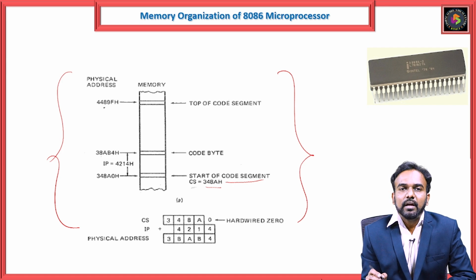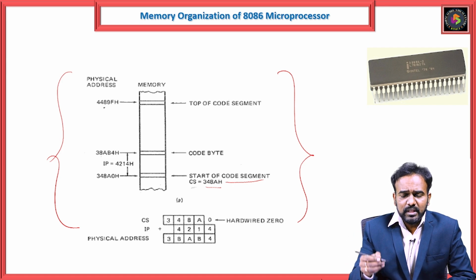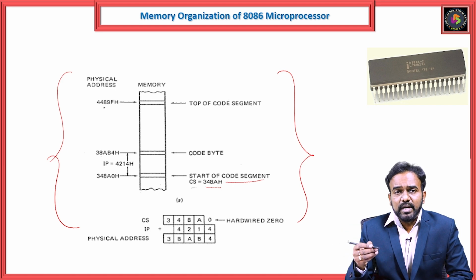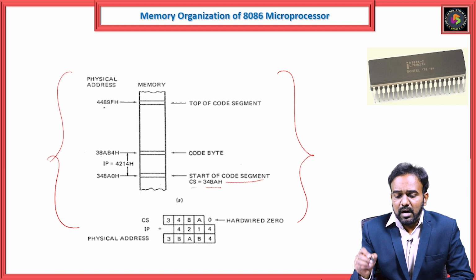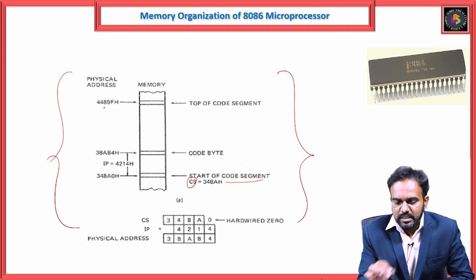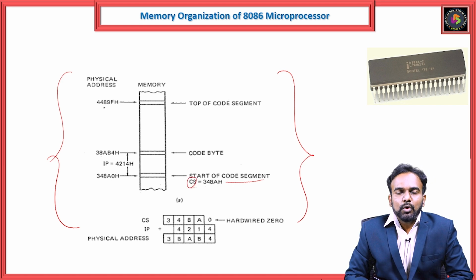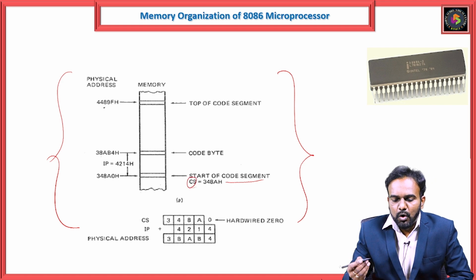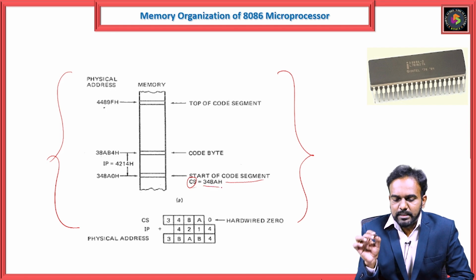Usually that is the default segment address stored in the base address register or segment register. To store the starting address of the code segment, we are going to use a register called CS. CS is the code segment register which holds the starting address.